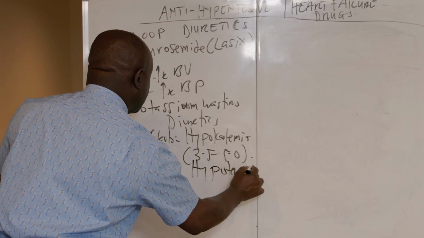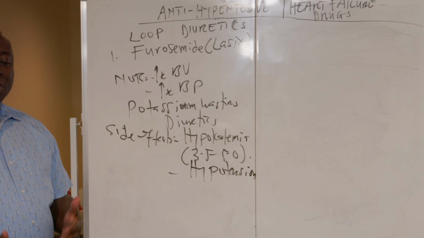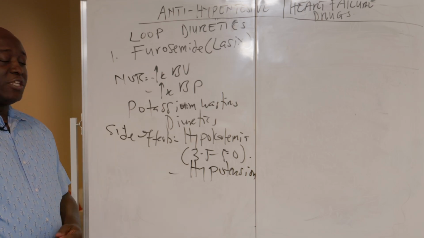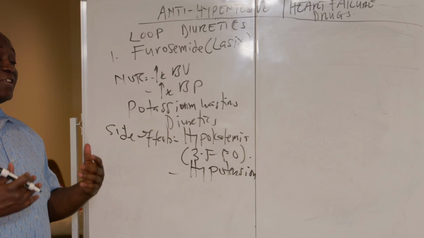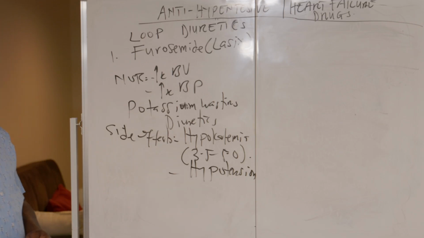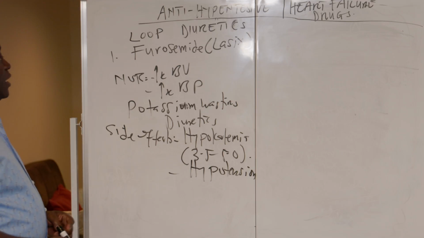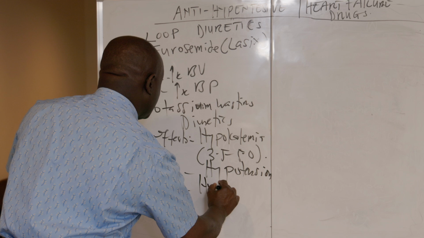Hypotension is decreased blood pressure. If somebody is hypertensive, the main purpose of the drug is to decrease the person's blood pressure, but the blood pressure level could be decreased further, lower than it's supposed to, and therefore it is very, very important to monitor the client's blood pressure. Furosemide can also cause hyperglycemia.